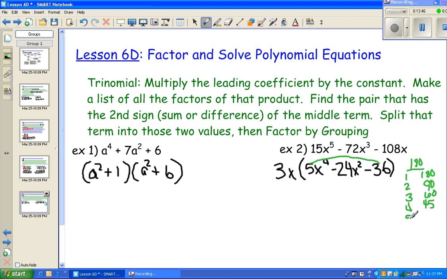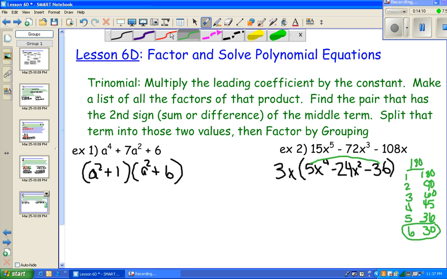No, that didn't work. 5 and 36. 6 and 30. 6 and 30, they subtract to give me 24. So that's the pair I want to work with.